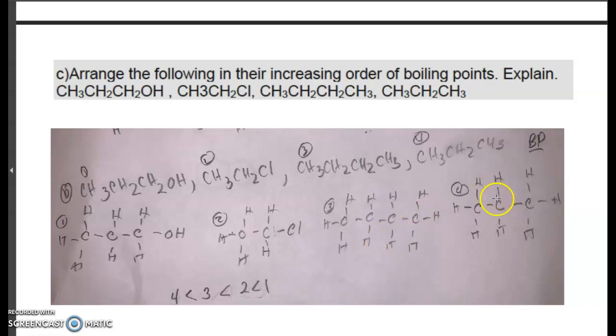So 3 and 4 are nonpolar, and you see that 2 and 1 have polarity, hence chloride here, and OH is an alcohol, so it's higher in boiling point. So I said that it'll be 1, 2, 3, 4, as you can see here on the bottom.